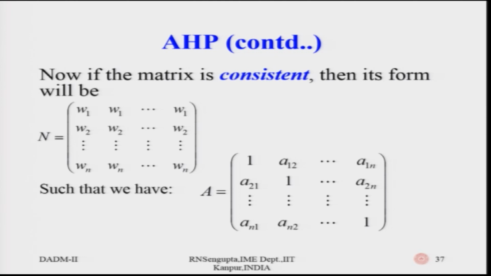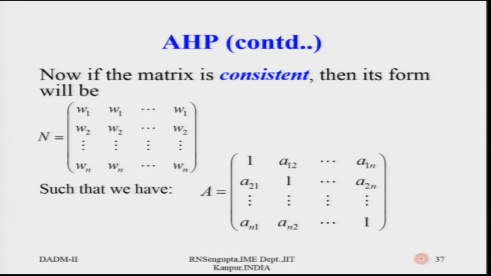Now, the matrix is consistent. Consider it is of the form that you have the weights given as W1, W2, W3. These are the weights: the first one is W1, the second one is W2, and similarly the last one is Wn.